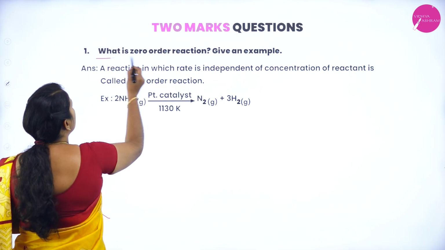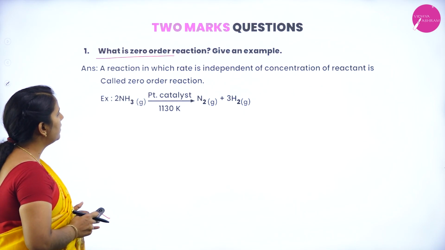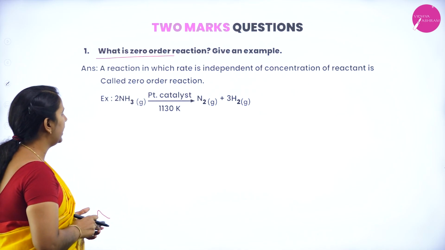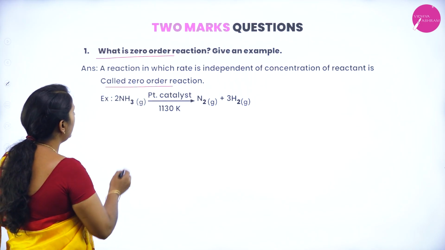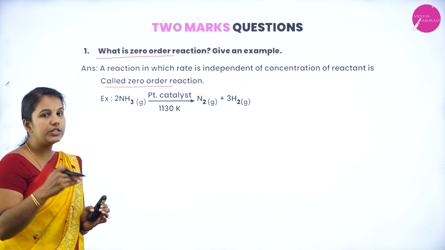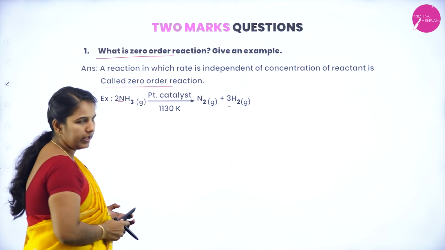What is zero order reaction? Give an example. The reaction in which the rate is independent of the concentration of the reactant is said to be a zero order reaction. Example: ammonia in the presence of platinum as a catalyst decomposes to give nitrogen gas and hydrogen gas.